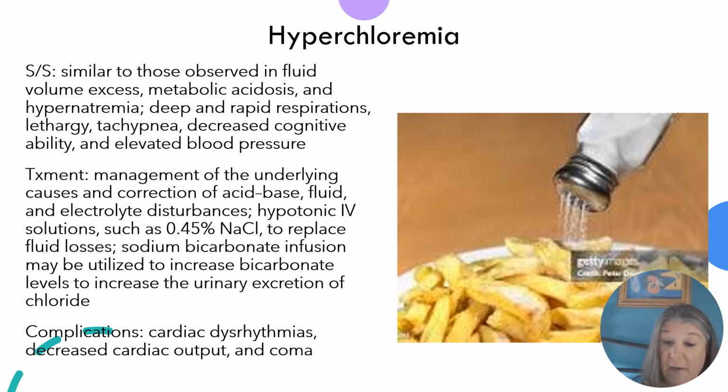If we need to replace that fluid, if we have extreme fluid loss and we are hypochloremic because our electrolytes got left behind, then we're still going to use that 1/2 NS to replace the fluid, but not replace too much salt. Okay. Sodium bicarb infusion may be utilized because it's going to work to help with urinary excretion of chloride. Complications, cardiac dysrhythmias, decreased cardiac output, seizure, coma, death. Okay.